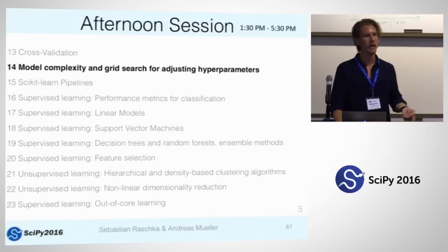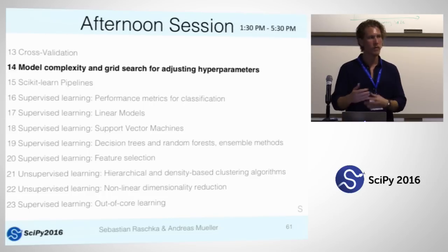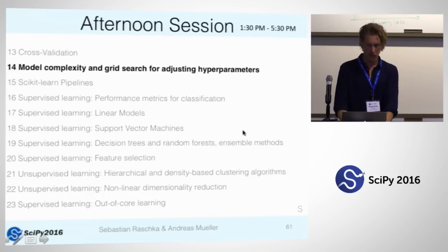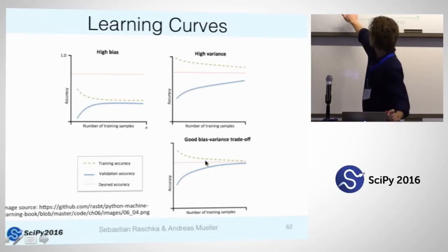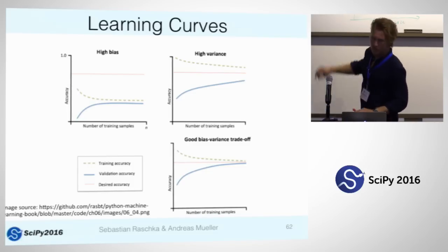Usually there's not just one parameter that we want to tune, there are multiple ones, and we want to find the best combination of multiple values. I have an example about these learning curves here.